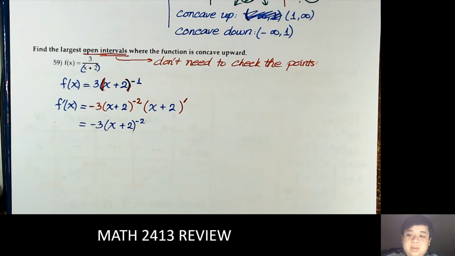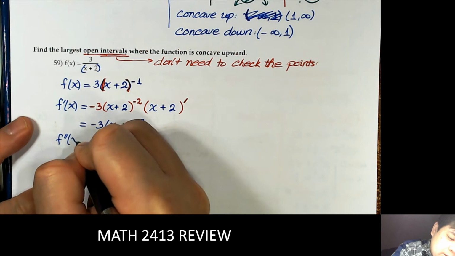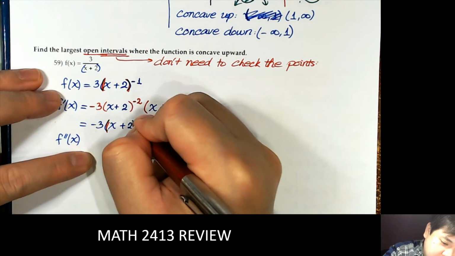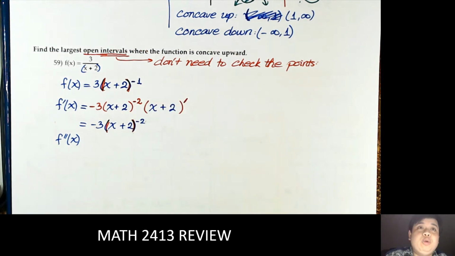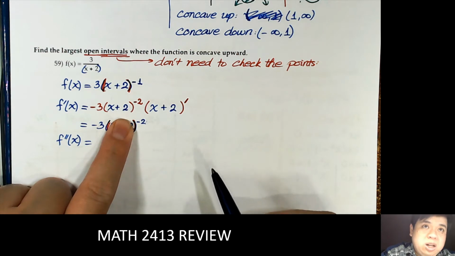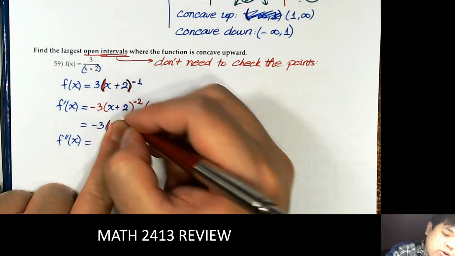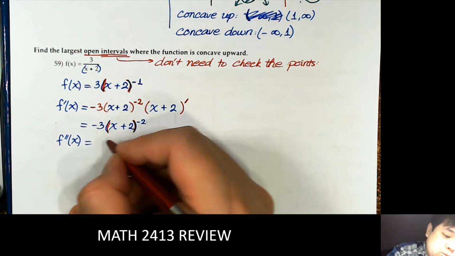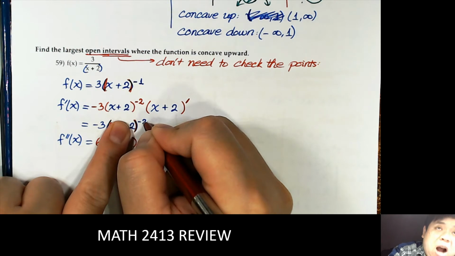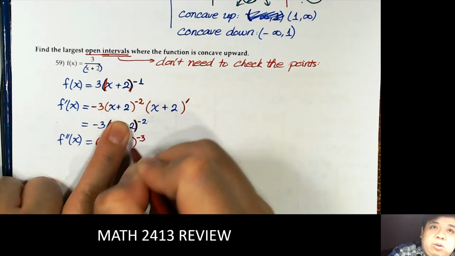Now we take the second derivative. Similarly, let's put the parentheses there, and we don't really need to know what is inside. Take the power down: negative 3 times negative 2 is positive 6, and original power negative 2 minus 1 is negative 3.